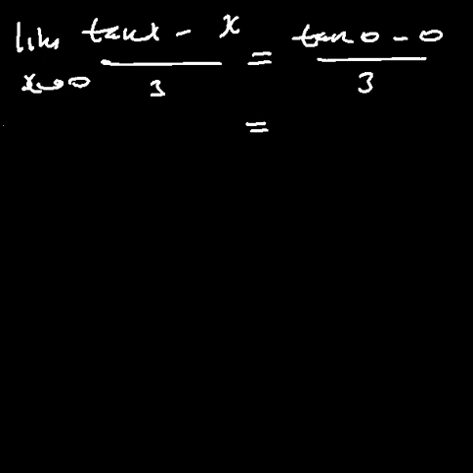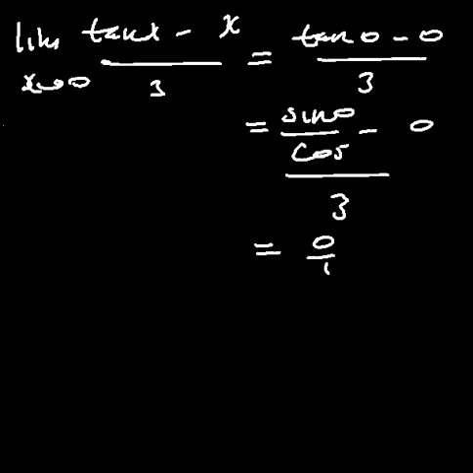We should understand that tan is the same as sine over cosine. So we have sine 0 over cos 0, minus 0, all over 3. What is cos 0? It is 1, and sine 0 is 0. So we have 0 over 1, divided by 3, which is the same as 0. That is the limit.